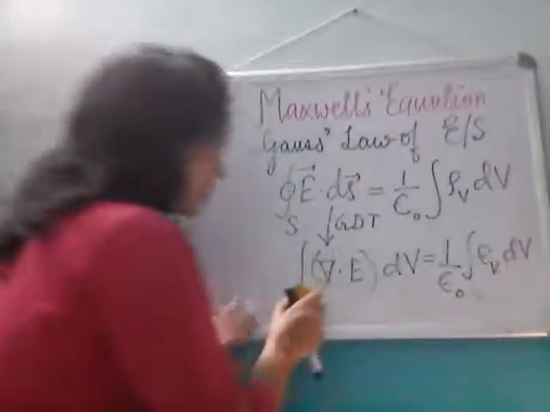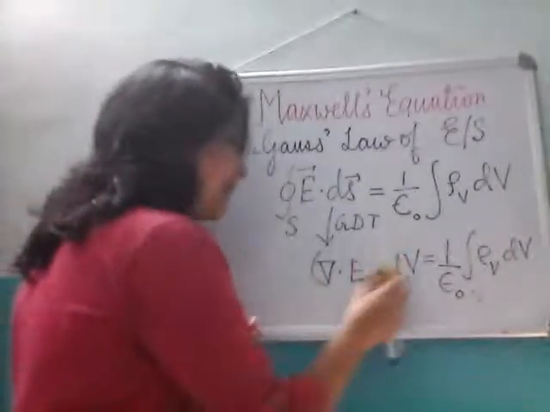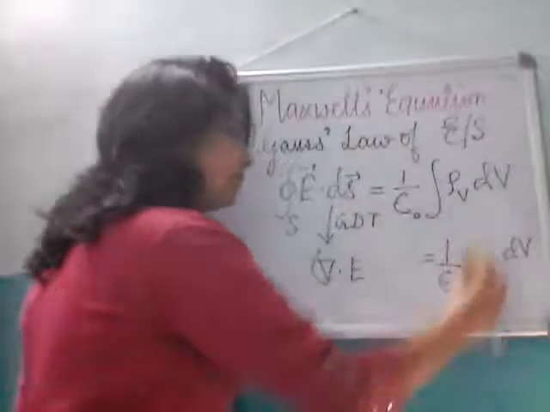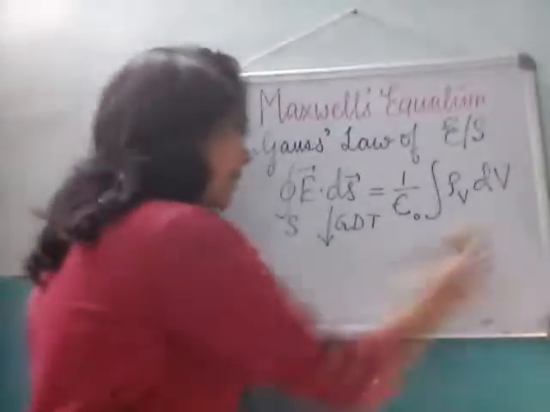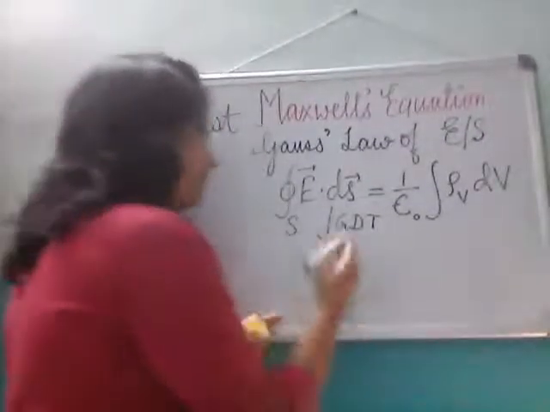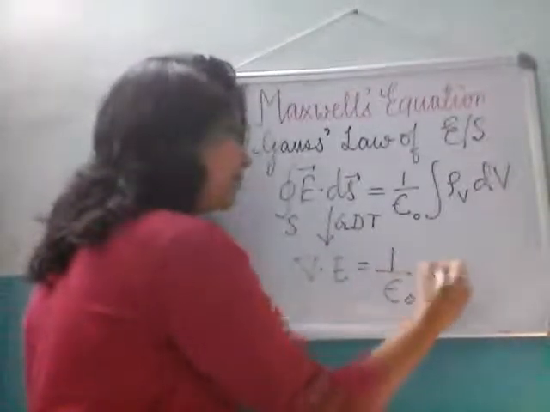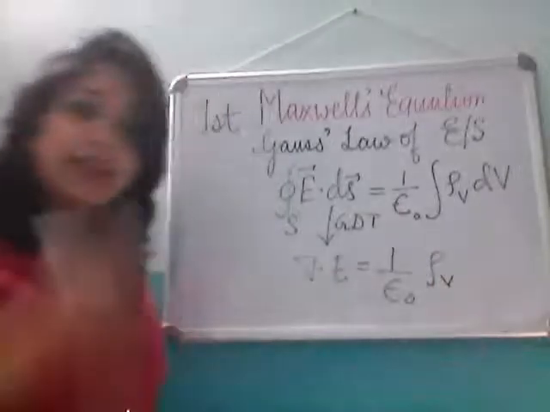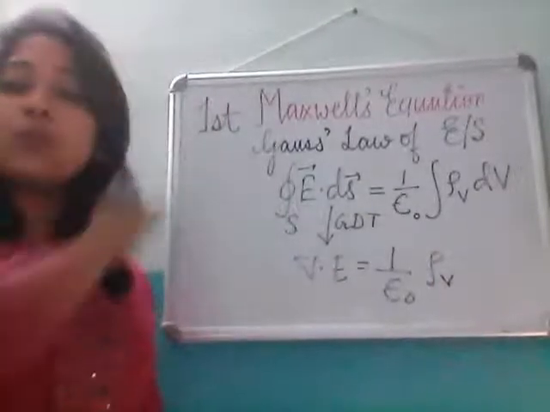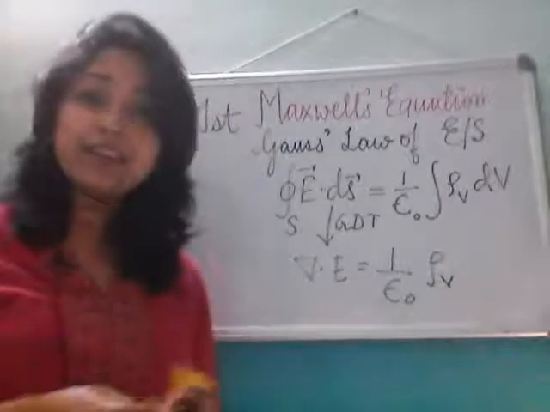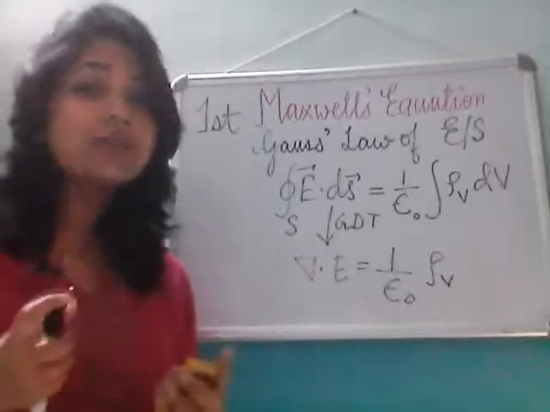So can I not now write divergence of E is equal to 1 by epsilon 0 rho V? Can I not write it like that? And when I am writing this particular equation, what have I actually done?